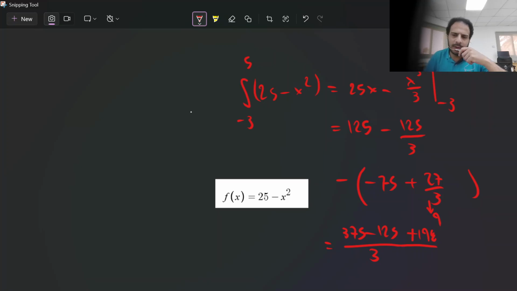It's a plus, not minus. Now it's correct. Then the exact result is 448 over 3. You got what is 448 over 3 equals? So this is the exact result, okay?